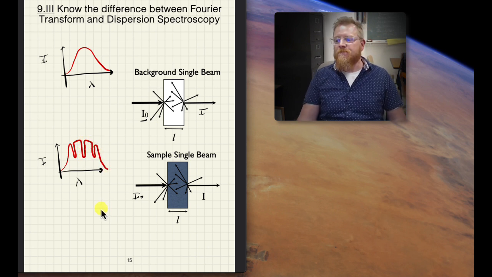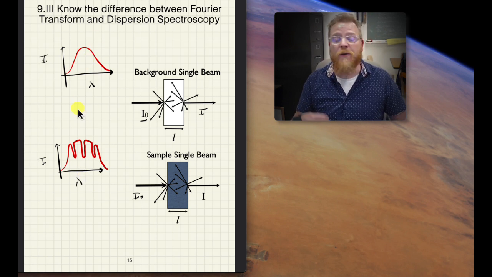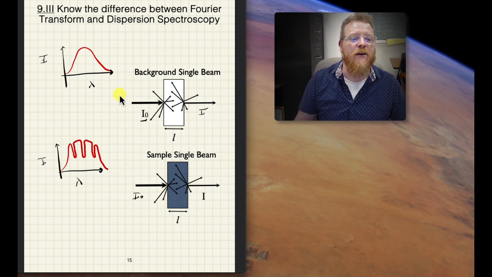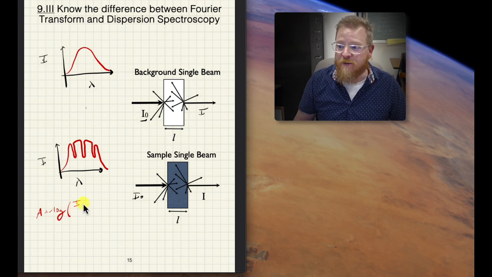Okay? So then finally, when we take a ratio of these, whether it be absorbance, transmittance, optical depth, etc. So let's say we will now do, maybe the absorbance. A is negative log of, this would be the intensity of the sample over the intensity of the background, right?